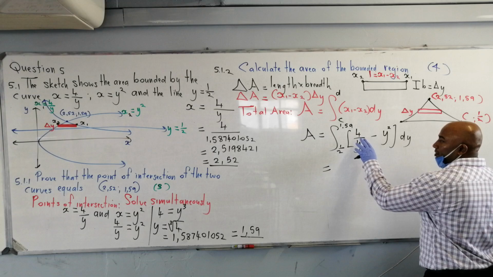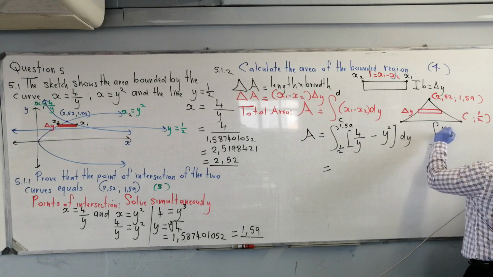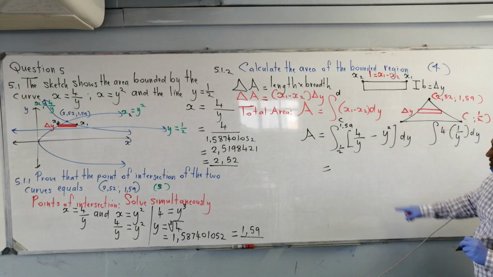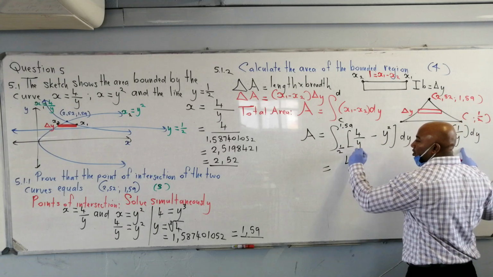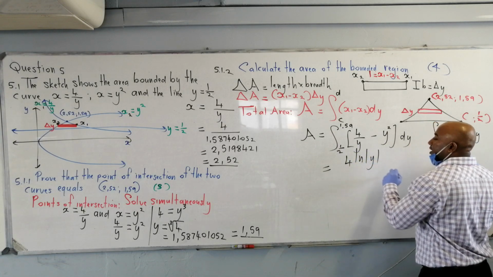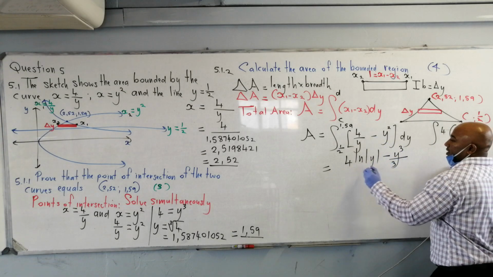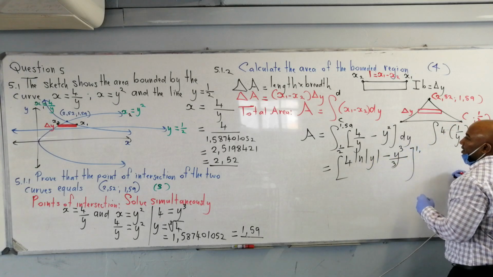Remember, 4/y is the same as the integral of 4 times 1/y dy. You're clear with that? 4/y means 4 times 1/y. So when you integrate 1/y you get the natural log of the absolute value of y, and integrating minus y squared gives minus y to the power 3 over 3. Substituting my 1,59.